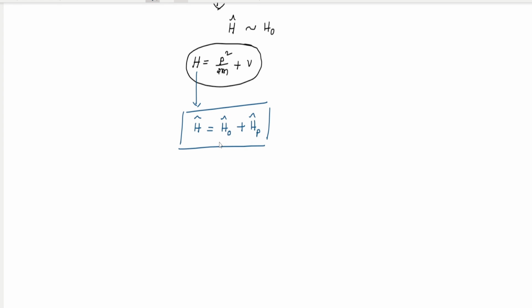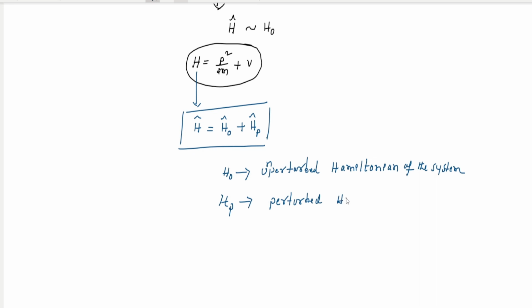Where H naught is the unperturbed Hamiltonian of the system. So you always remember this. H naught is the unperturbed Hamiltonian of the system, and HP is the perturbed Hamiltonian.